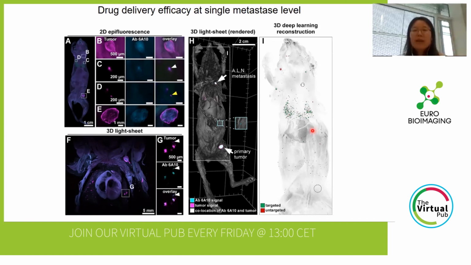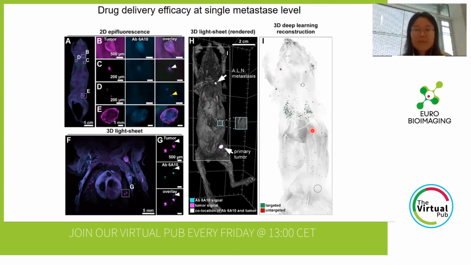So based on all of this high quality data, we analyze this data with our deep learning neural network, and we can basically quantify how many metastases are targeted by the therapeutic antibody. And we see that there are 77% of the metastases targeted, and there are still some parts not targeted.